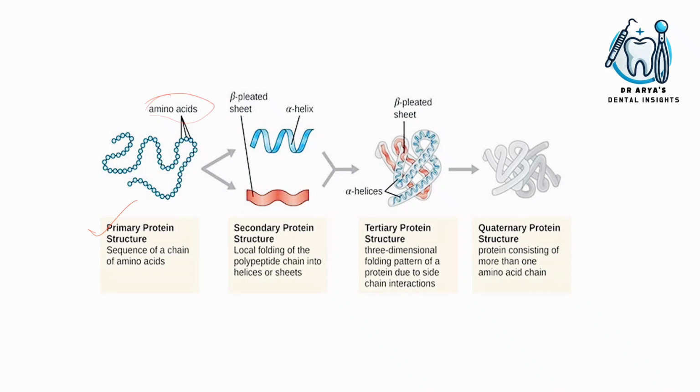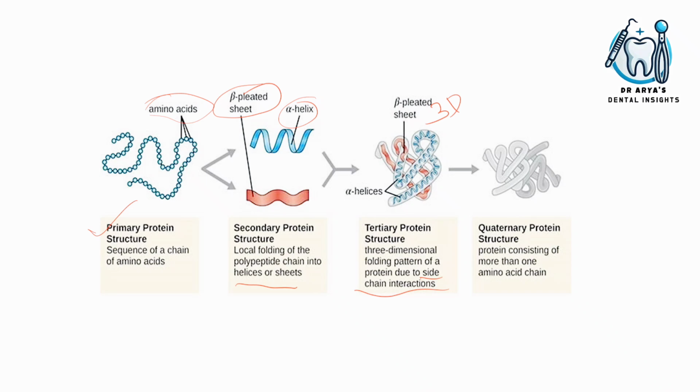Then secondary protein structure, the local folding of the polypeptide chain into helices or sheets, that is beta pleated sheet and alpha helix. In tertiary protein structure, this is a three-dimensional folding pattern of a protein due to side chain interactions. So there are various bonds there.